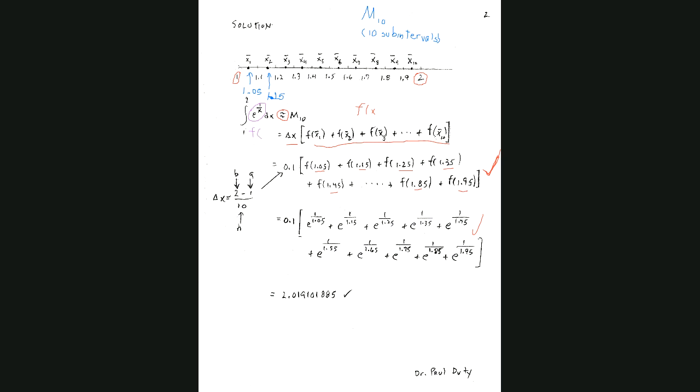F of x is equal to e to the 1 over x, right? So f of 1.05 would be e to the 1 over 1.05. F of 1.15 would be e to the power 1 over 1.15. F of 1.25 would be equal to e to the power 1 over 1.25.